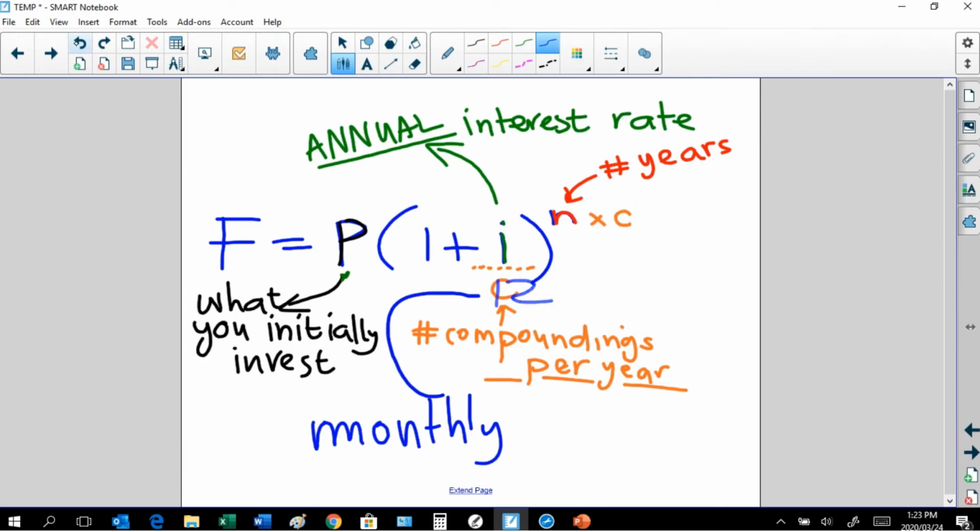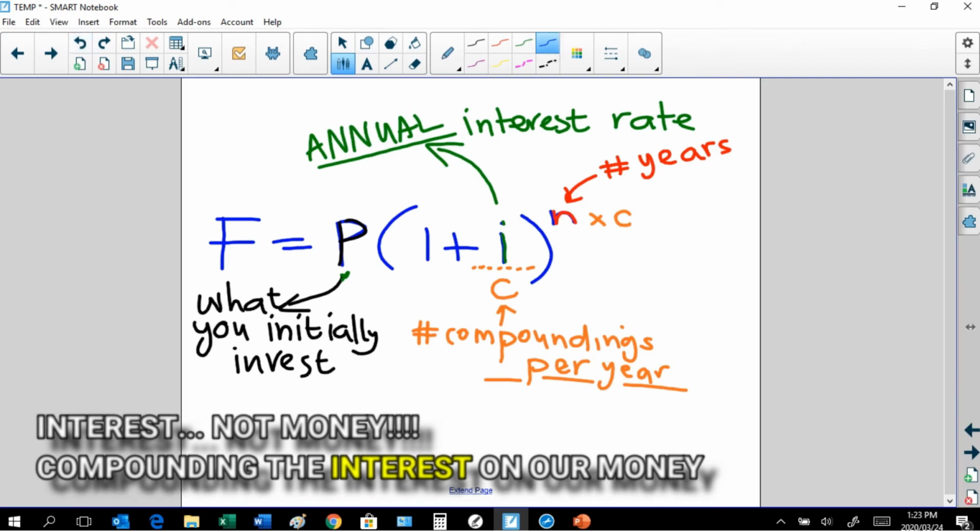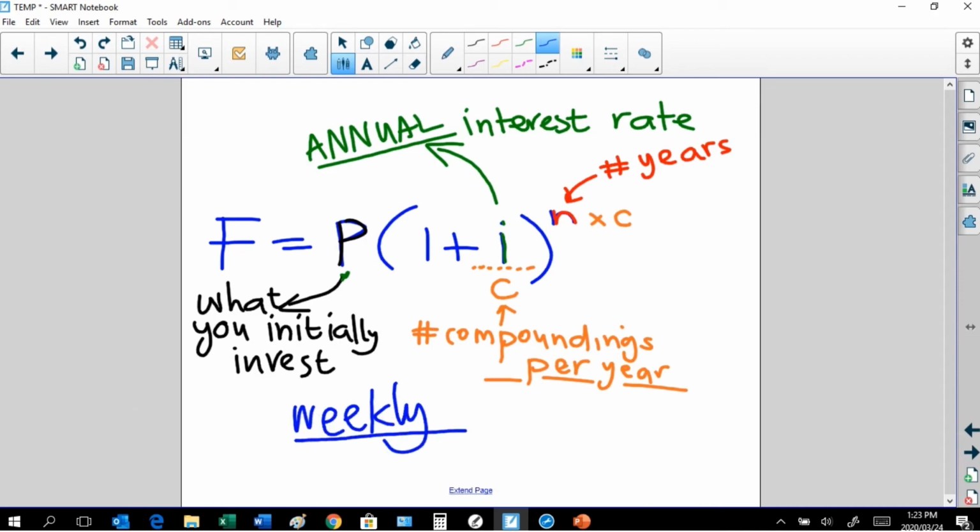What happens if they said that we're going to be compounding our money weekly? Alright? Weekly. If we're getting our money compounded weekly, it means our money is going to get compounded 52 times in a year, because there are 52 weeks in a year.